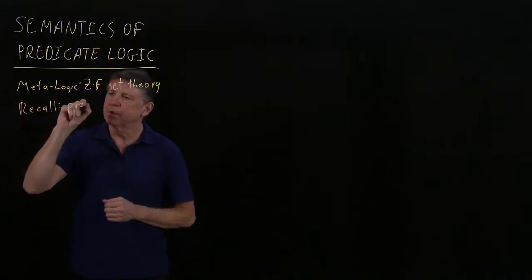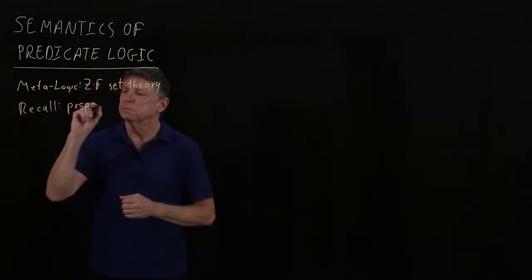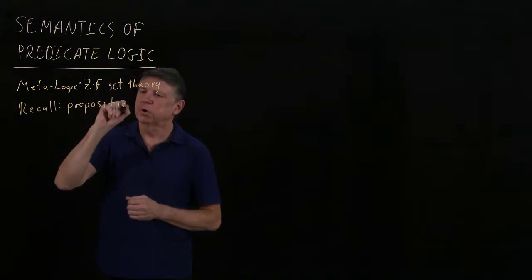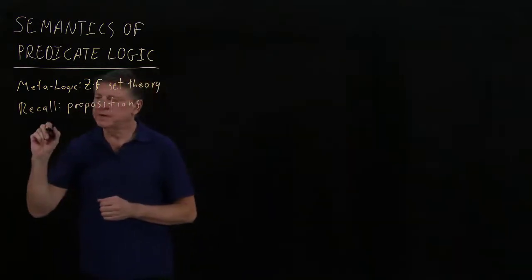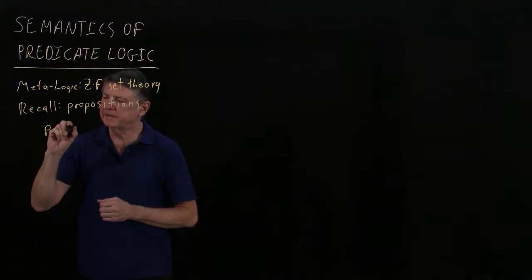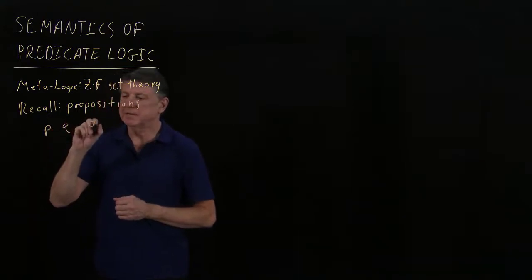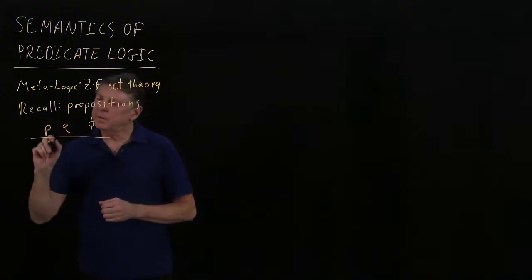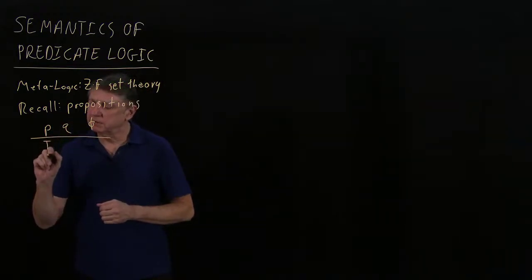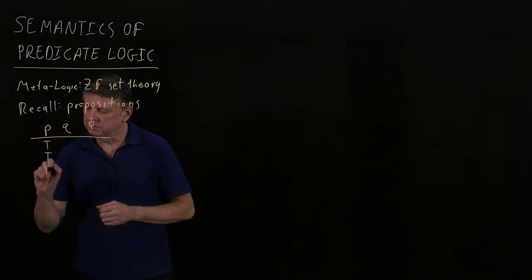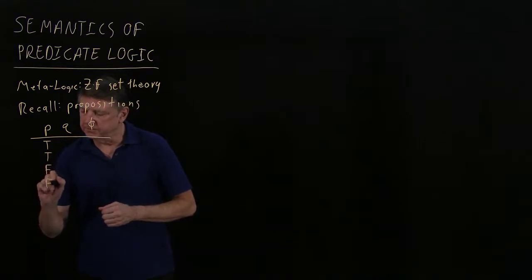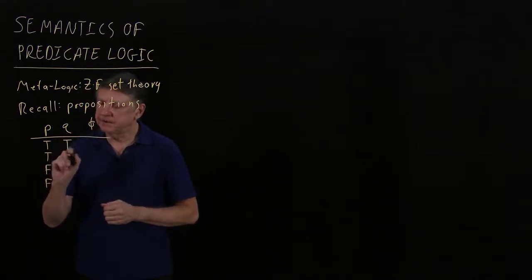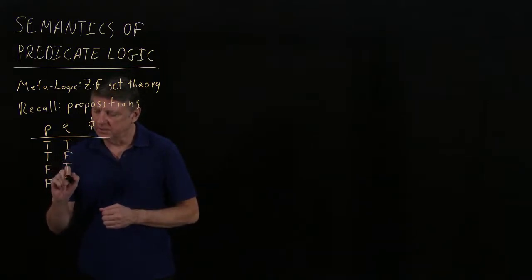propositions. When we were looking at propositions, we would write, for example, a truth table. We might have two variables and we might have some formula that involves those variables. And the way we did that was we wrote down all of the possible values that each of these variables or propositions could take on.